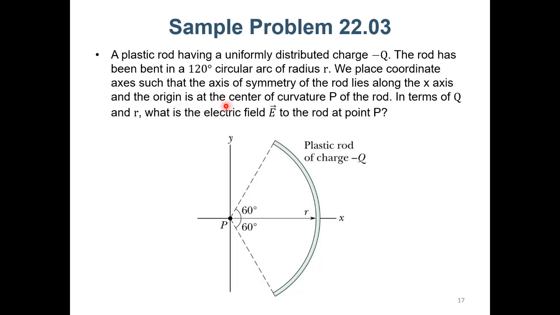The origin is at the center of curvature P. P is the center. In terms of Q and r, what is the electric field of the rod at point P?